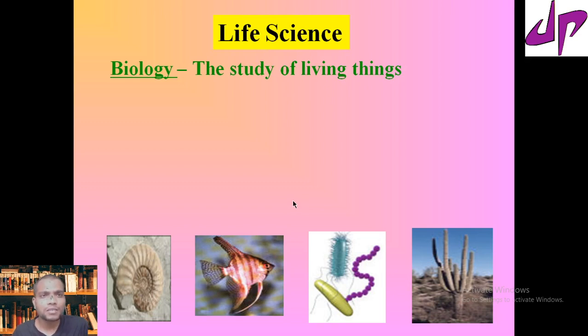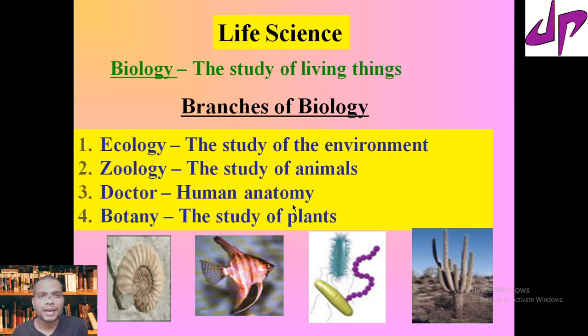In life science, biology is the study of living things, and the sub branches we can take are ecology, zoology, the study of anatomy, and botany, the study of plants. It's much more difficult, I feel, because it's all about dealing with life. Study about living things we call life science.